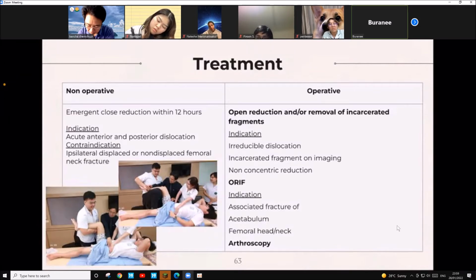Because the important thing is that you may have avascular necrosis of the femoral head if you delay reduction, okay? And do you need to do the reduction at the emergency room or not?